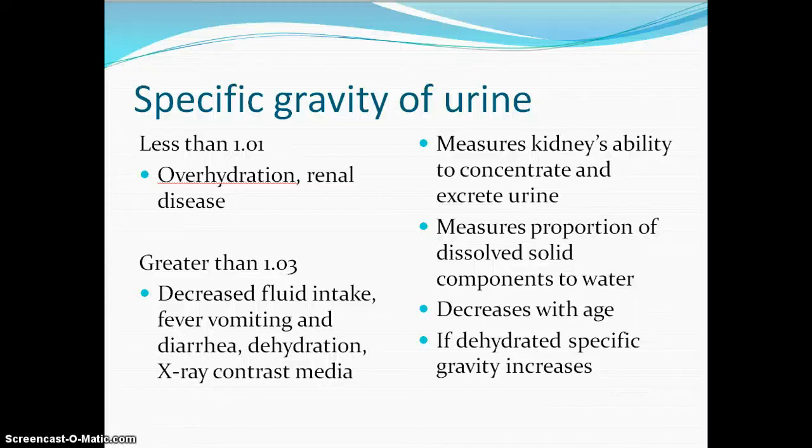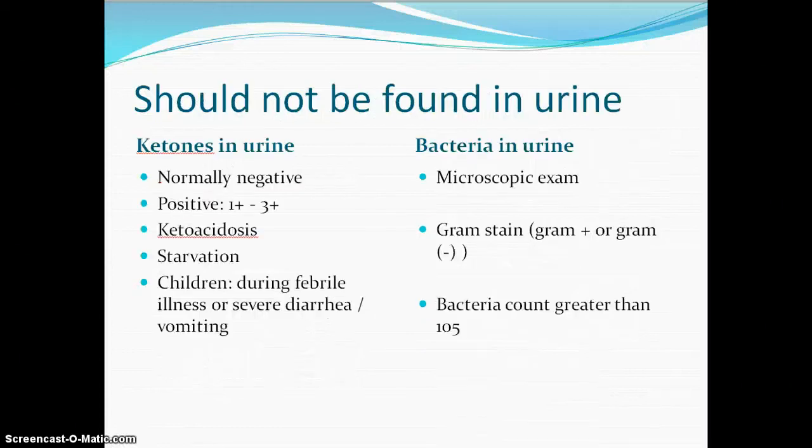On page 1054, we think about the person that's dehydrated or has decreased fluid intake would have a specific gravity of 1.03 or higher, and it again just tells us the proportion of dissolved solid to the water that we have. Other things that should not be found in urine are ketones, because they are a sign of starvation, and in children during a febrile illness or with a high fever would have that.